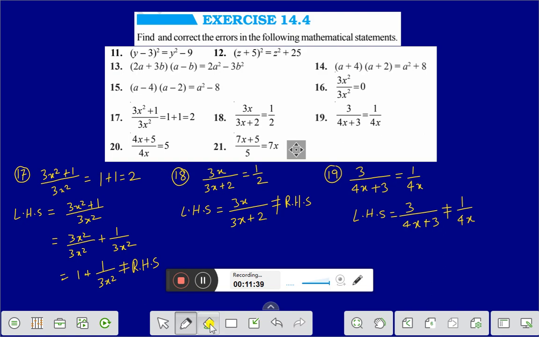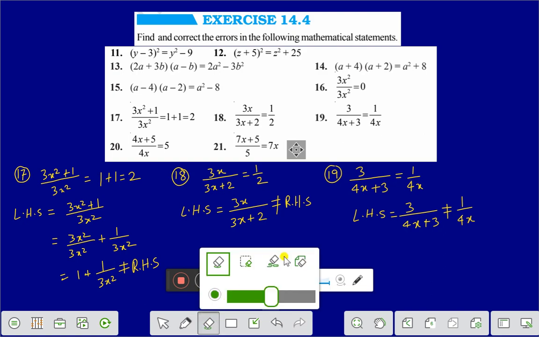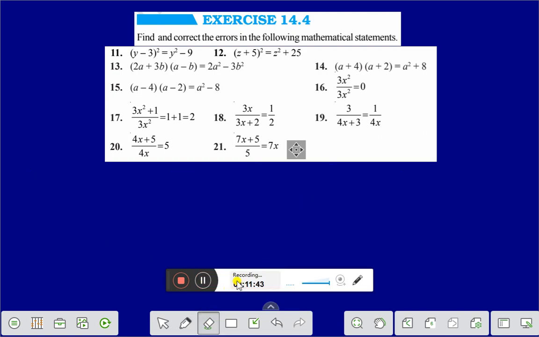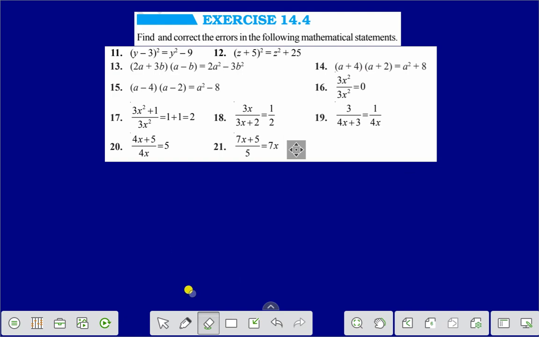Right? Let's solve question number 20 and 21. Question number 20 is 4x plus 5 divided by 4x is equal to 5.